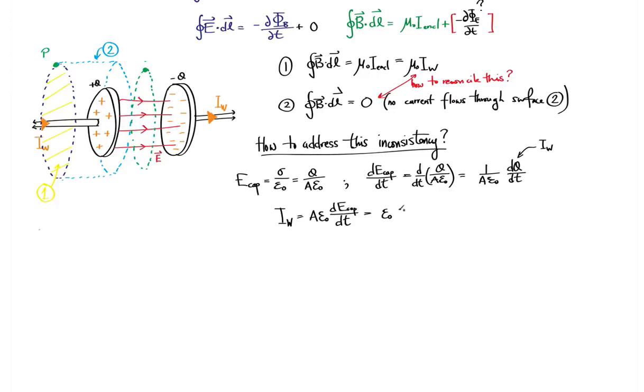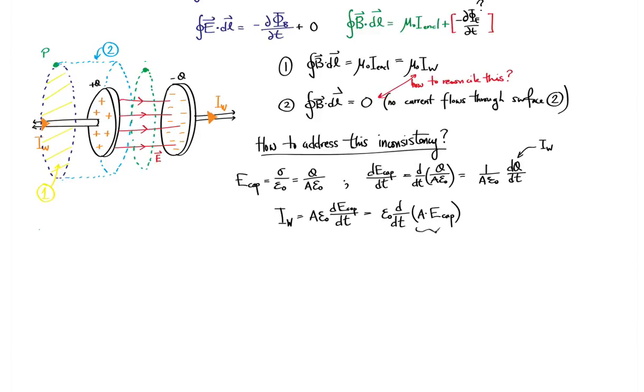A is just a constant. It has no time dependence. So I could write this as epsilon naught d by dt of A times E through the capacitor, because I can pull A in and out, since it's effectively just a numerical factor.